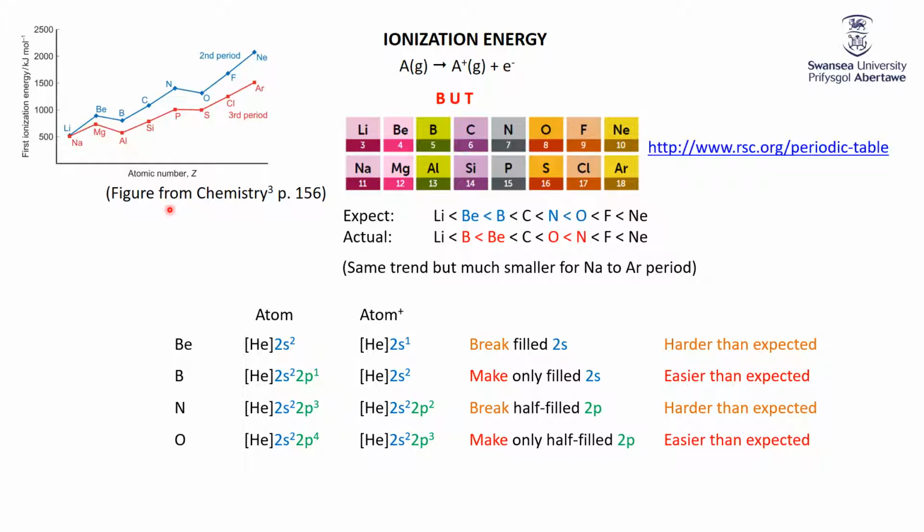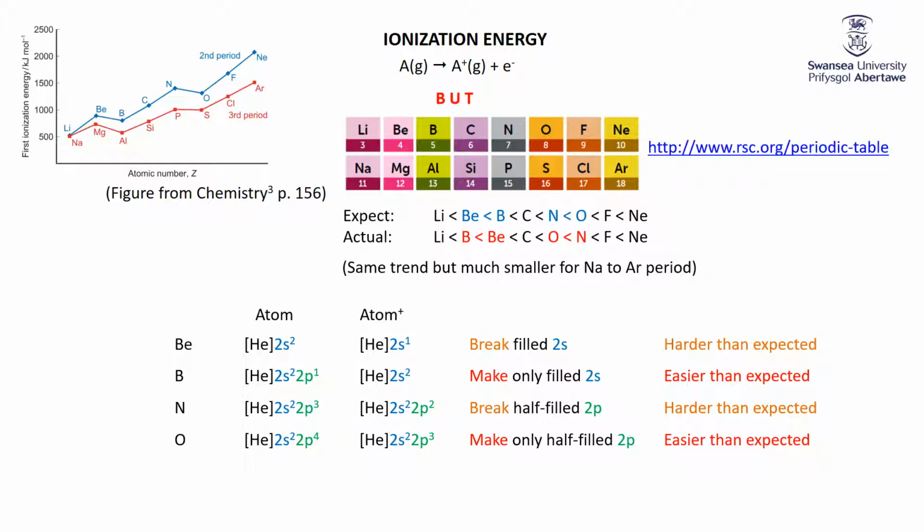So the effect of breaking the 2s, or making the 2s, breaking the 3s, making the 3s, is a fairly significant difference whether you're in the second or the third period. However, the difference in the second period is there, the difference in the third period is there, but not nearly as much. Okay, that half-filled p subshell issue, while significant, is not as significant as the filled s subshell.